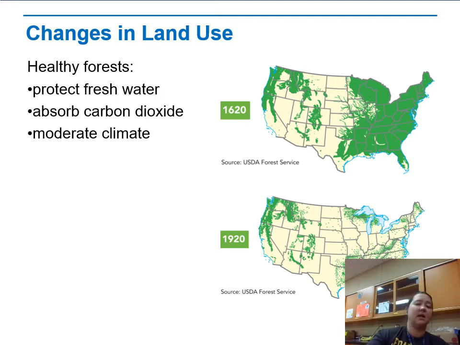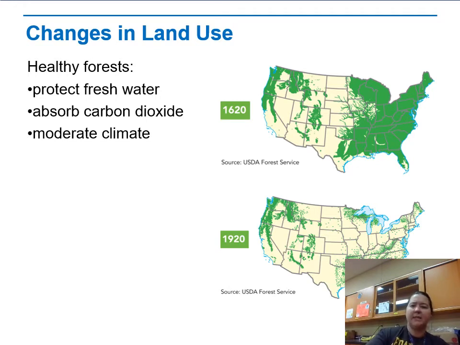It's one of the reasons that the colonists, you know, ended up coming over here is because we had lots of trees for wood to build ships, masts. It's one of the reasons that some of the foreign powers were interested in this area as a colony. Okay, but forests help protect water. Okay, they help to absorb carbon dioxide, and in that process, they actually help to moderate climate.